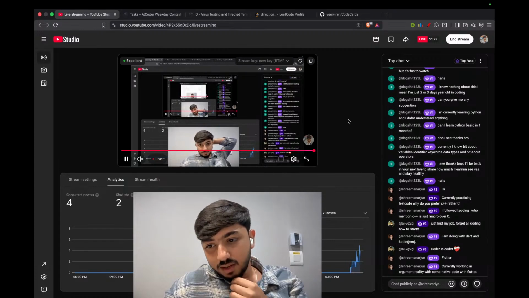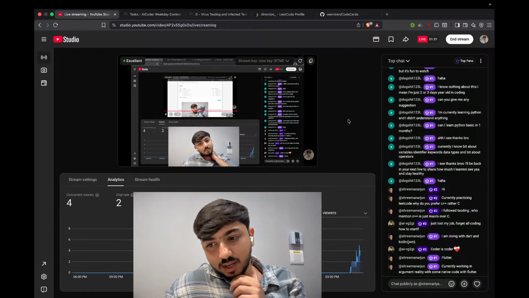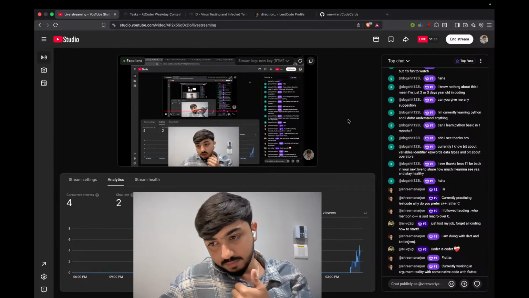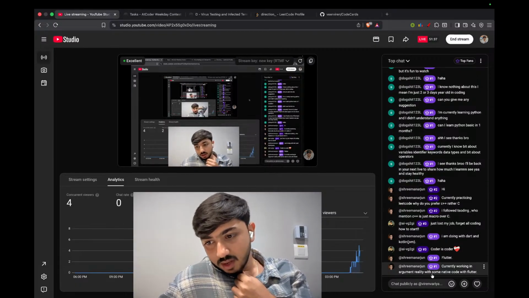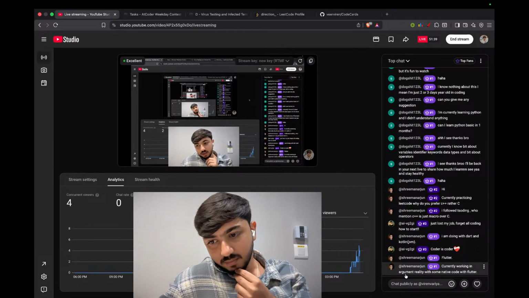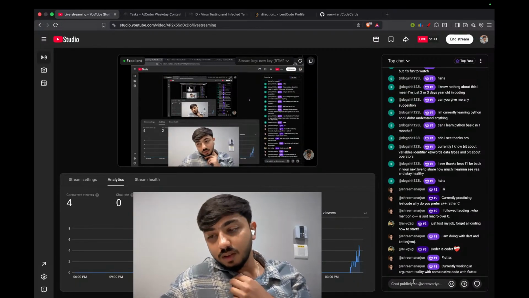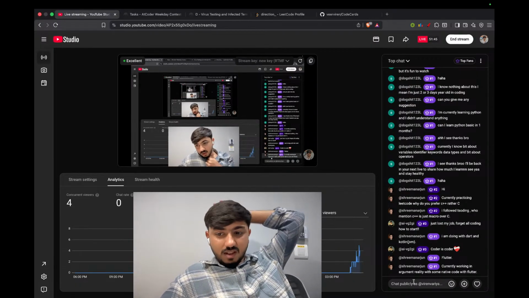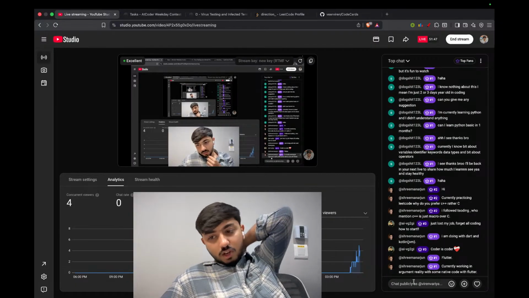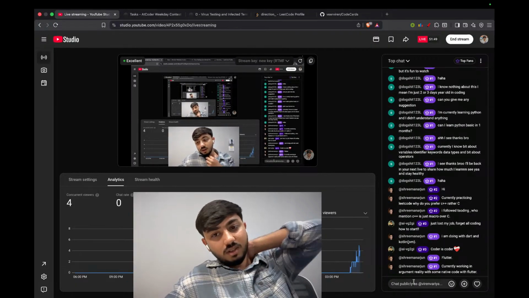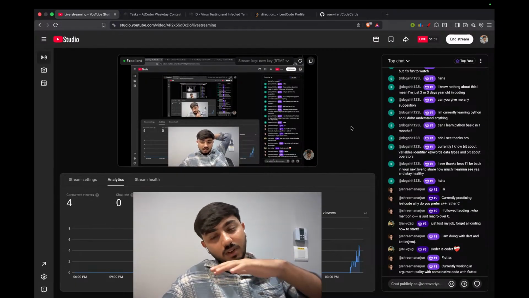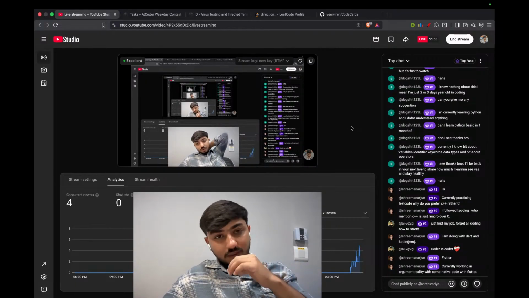Currently working on augmented reality with some native code with Flutter. Oh, good. Native. So you're building some AR application. Is it your personal project or a project you're currently working on somewhere else?